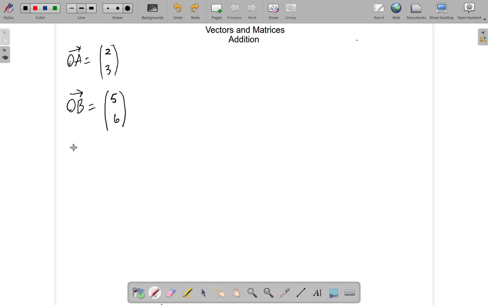Then what is vector AB? You can write vector AB in terms of A and B, and you can also write a column matrix to represent it.